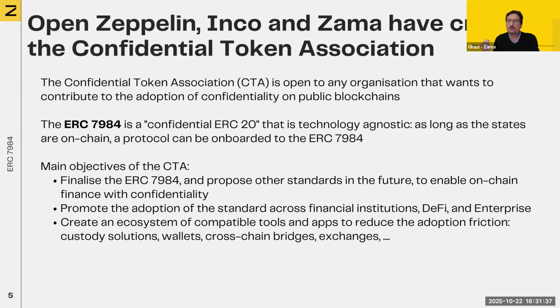That is really important to then get adoption by industry. So the approach we're taking is, let's build the ecosystem, and we're happy to see so-called competitors join the ERC 7984 and have a version of that confidential token that is compatible, so that they can benefit from the rest of the ecosystem. So it's more about adoption.